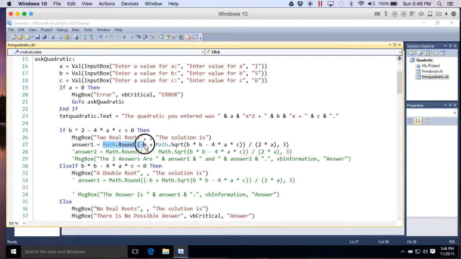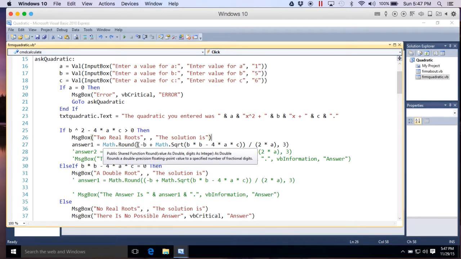Here is the quadratic: negative b plus the square root of b squared minus 4ac, all divided by 2a, comma 3. What's that comma 3 all about? That's rounding. Outside of this whole parentheses, Math.Round does the whole quadratic and rounds it to 3 decimal places. That's why it's there.